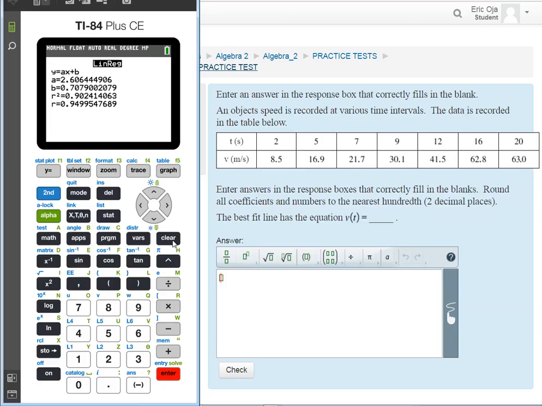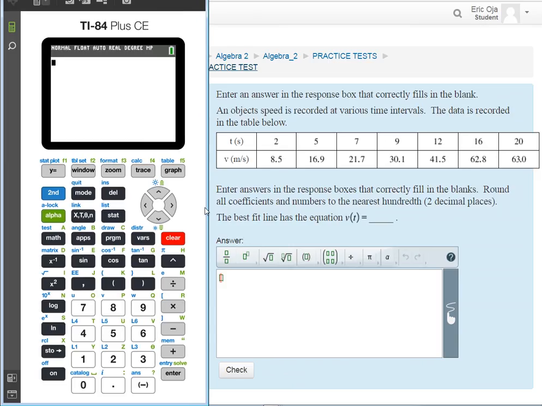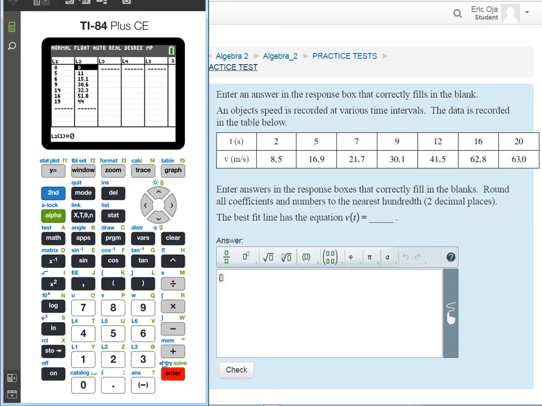Okay, so to do this, remember all I'm asking you to do is be able to generate the equation of a best fit line. So we're going to use linear regression to do that. We're just going to go stat, buttons I push turn red, right? Push stat, and then I can either push 1 or enter because 1's already highlighted. So stat, edit, and this is where I put the data.